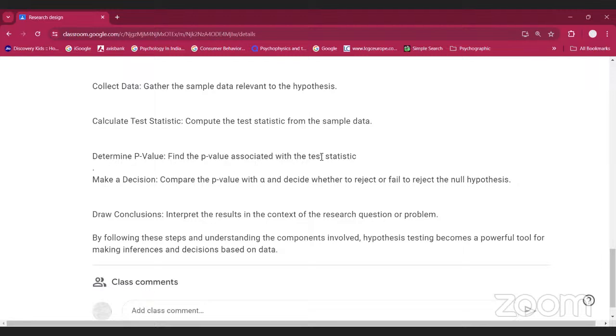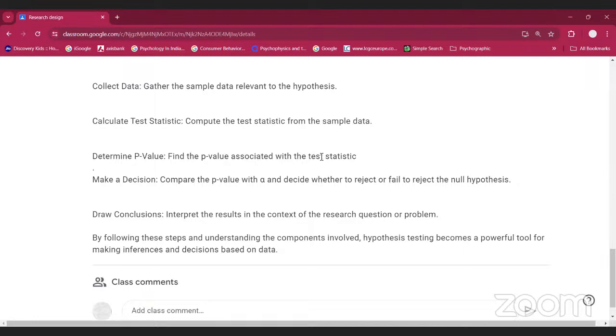Okay, Kavita, what will be your design? Sir, two-group pre-test, post-test design, sir. But how do you select? Sir, randomly select the patients. First, we screen the depressive patients by a standardized depression tool.